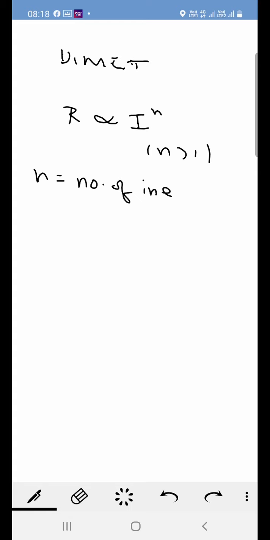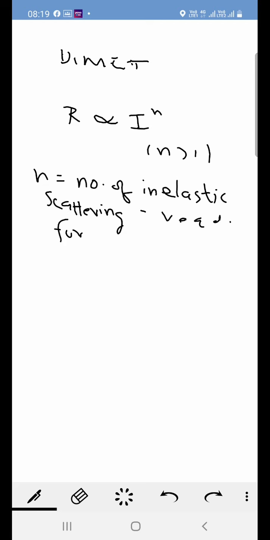So again, we write for DIMET, the desorption yield is proportional to I to the power n. n is greater than 1, and n is the number of inelastic scattering events required for the process of desorption to occur.